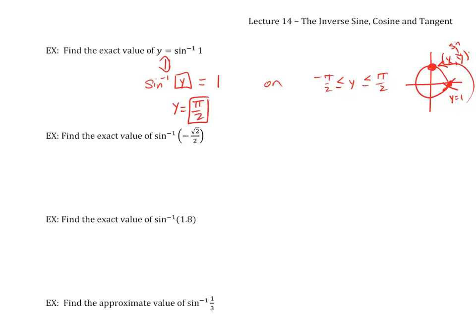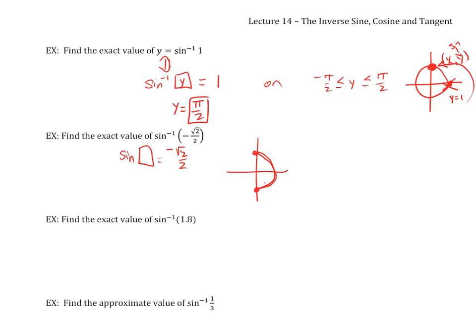All right, let's try the next one. Find the exact value of sine inverse of negative square root of 2 over 2. Okay, well, this says sine of what angle gives me negative square root of 2 over 2. And again, we're looking at something from negative pi over 2, which is down here, up to positive pi over 2.